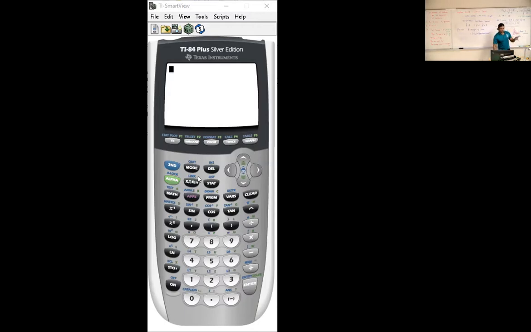To get that, all we have to do is go to Start, over to Calc, over to Tests, scroll down, one prop Z interval.